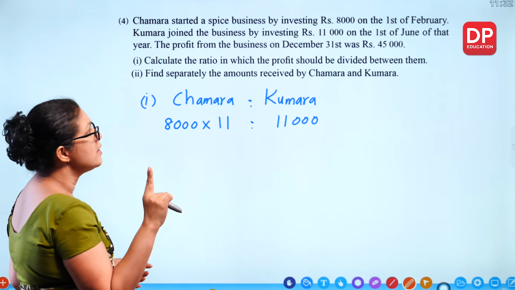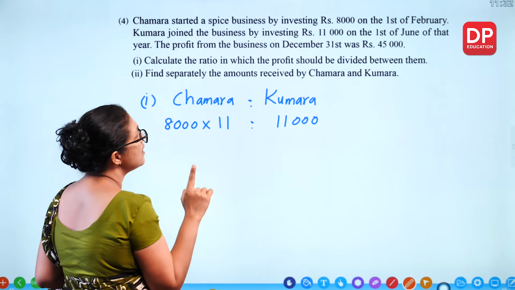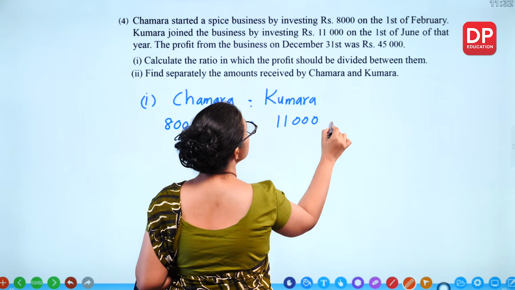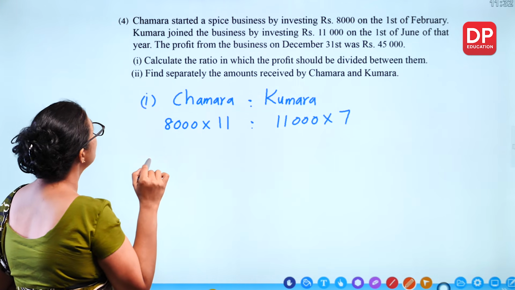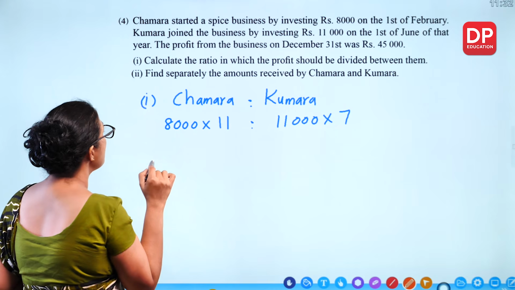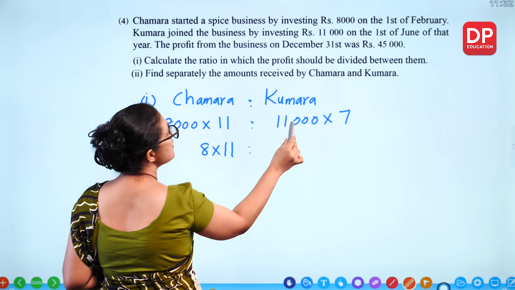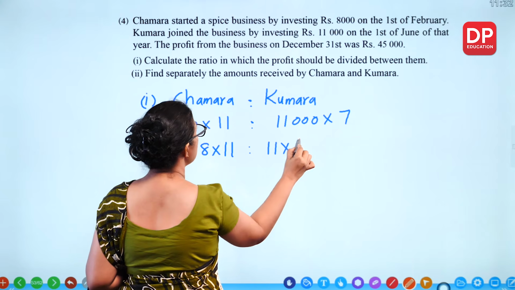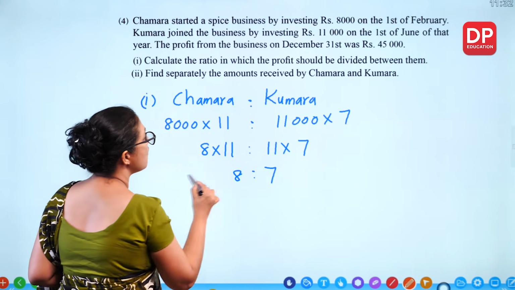So June, July, August, September, October, November, December, that's 7 months. Now, what's the ratio? You can divide by 1,000. That's 8 times 11. Divide by 1,000, 11 times 7. Divide by 11, you get 8 to 7 ratio.